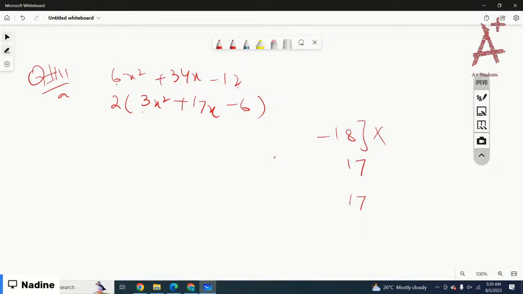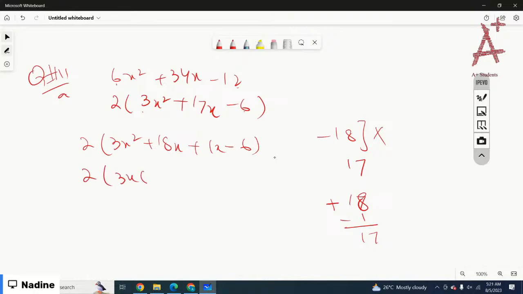No, 18 and 1. Positive 18 minus 1. 18 minus 1 is 17, and when you multiply that gives negative 18. So you have 2 common, it is 3x square plus 18x minus 1x minus 6.